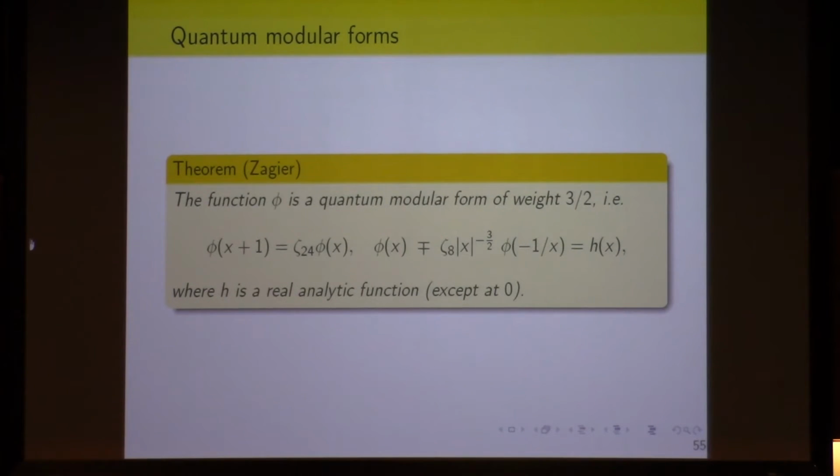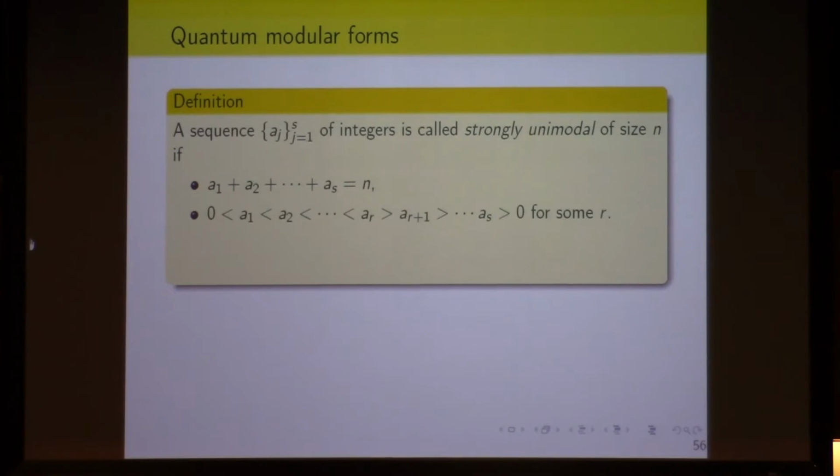And it turns out that this function is related to another combinatorial function for unimodal sequences, encoding information about ranks of strongly unimodal sequences. I'm running out of time, so I won't get into too many of the technical details.